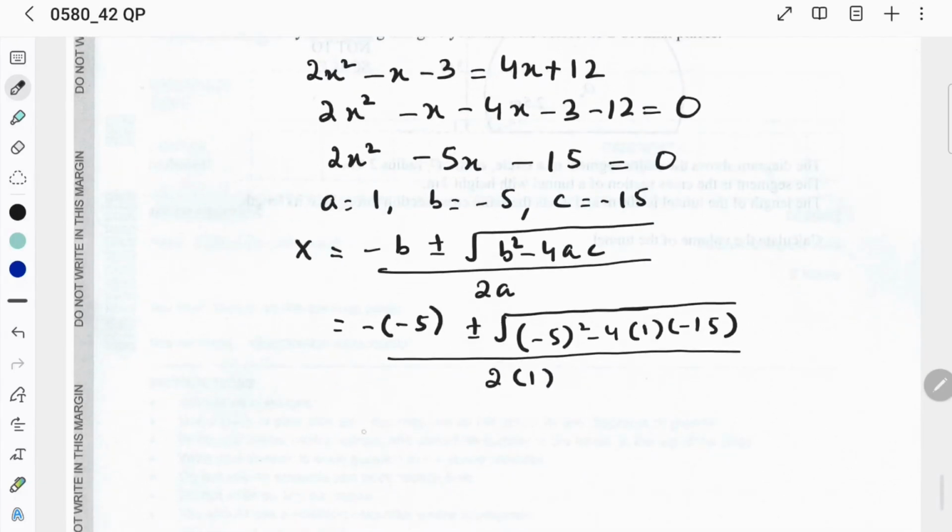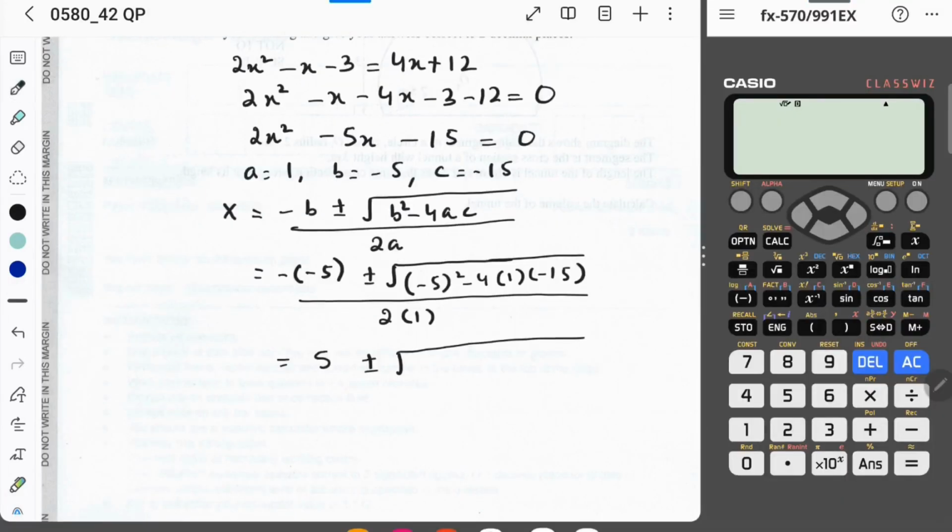So that is becoming plus 5 plus minus, sorry, this is 2 here, a is 2, and 2a is 4.